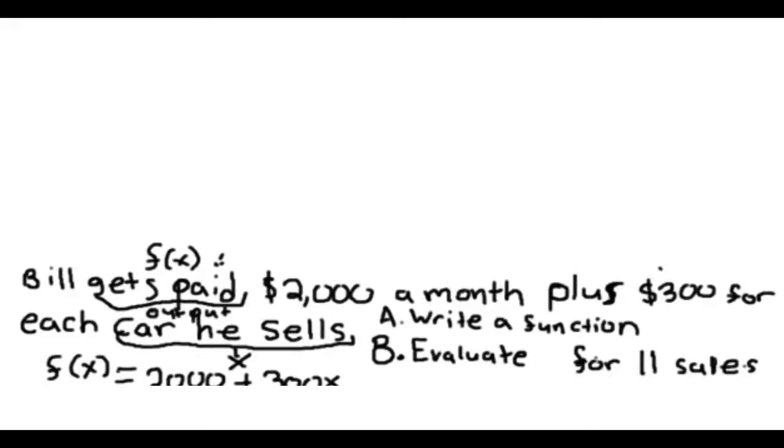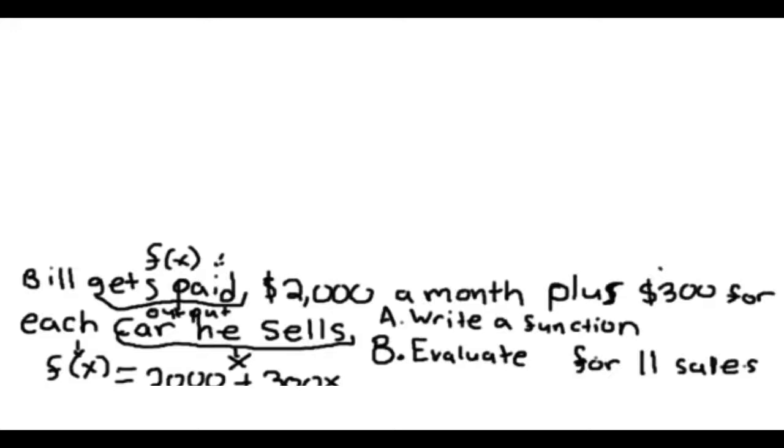It doesn't always have to be f of x for it to be function notation. It could be any variable. Just again, whenever you have a function, it's two different variables. The only requirement is that there's an input and an output that are separate from each other.